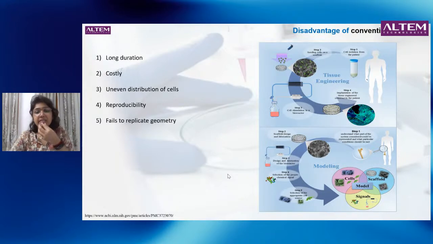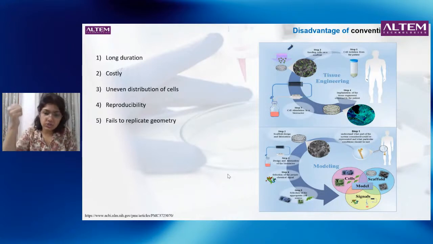So, conventional tissue engineering would require, say, for example, creating a scaffold or any type of structure. Now, you have created a structure. To that structure, you seed in cells, and basically, seeding means taking a certain concentration of cell suspension and just dropping it over the scaffold you have created.